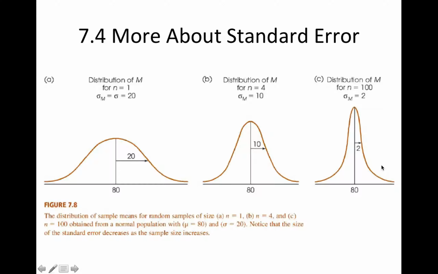And just to give you a little preview, what happens is we're going to want to say, if we take a mean from a sample, do we think our mean came from a specific population? So if I have a population that would give me a distribution of sample means that looks like this, and I'm going to take a sample and I'm asking, is this from that population?